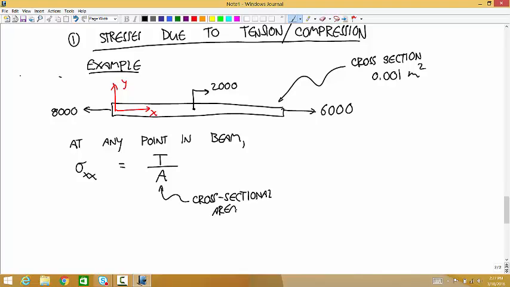That's not really a surprise because that's exactly how we calculated stress when we had uniaxial loads applied to a member that was loaded like a stress element. So that would be traction.